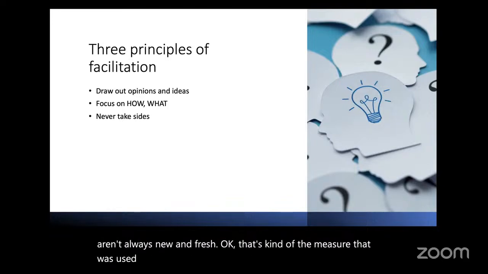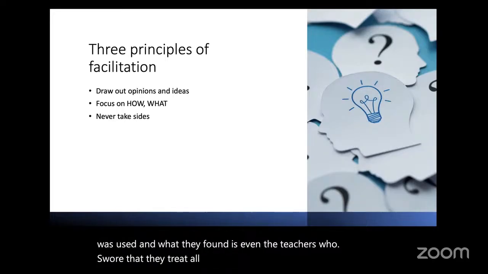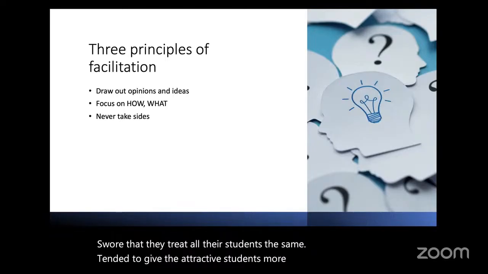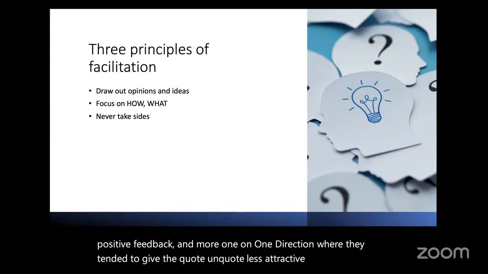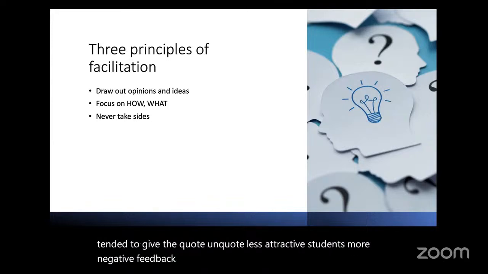And what they found is even the teachers who swore that they treat all their students the same tended to give the attractive students more attention, more positive feedback, and more one-on-one direction, where they tended to give the "less attractive" students more negative feedback, more harsh consequences, less attention, and less one-on-one time.